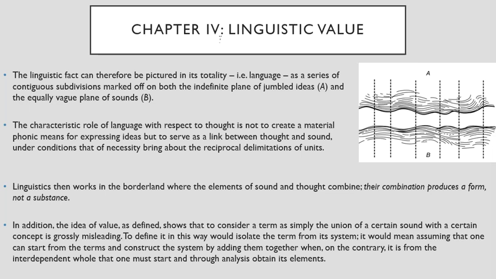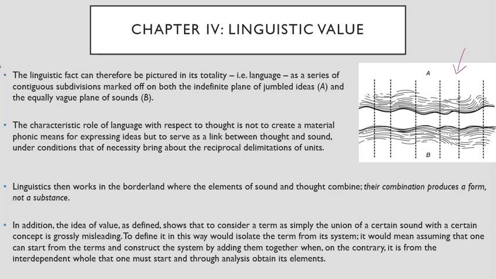Finally, linguistic value, which is really important. This first slide is a little bit confusing, so bear with me while I finish this and then get to the next slide, which is going to be very illuminating. So, in Saussure's idea, language is this diagram. Not language, let me correct myself.